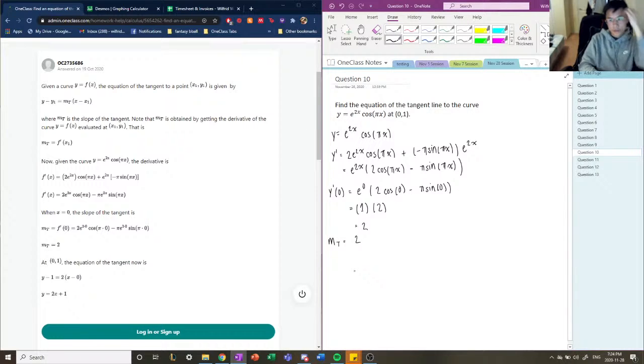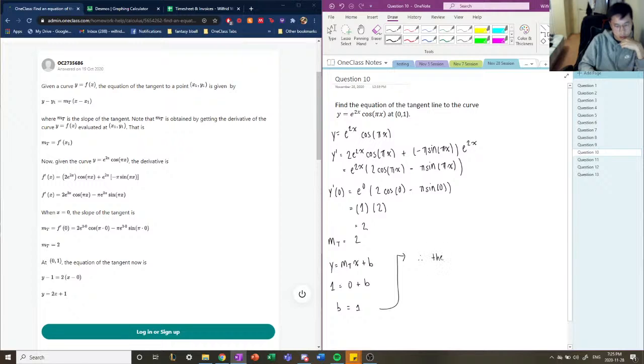Okay, so now we need to find the equation of our tangent line. So our line equation is y equals mx plus b. And we know that this line has a point at 0, 1. So we're just going to plug this in here: 1 equals 2 times 0 plus b. And we get that b equals 1. So finally, we have our line equation.